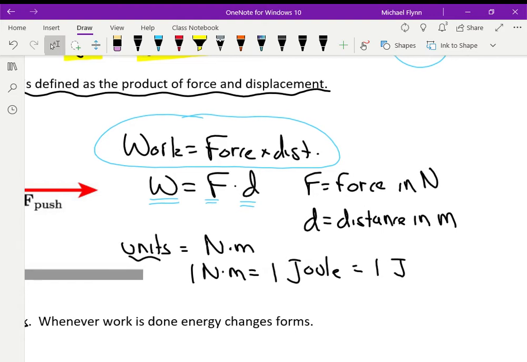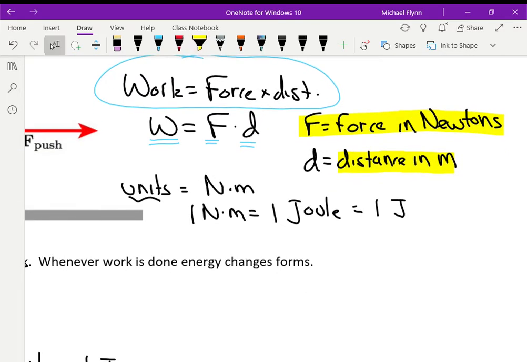So force is measured in a unit called newtons. Let me write that out. In honor, of course, of Isaac Newton. Okay. D is distance in meters. So we're going to use the letter D for distance.